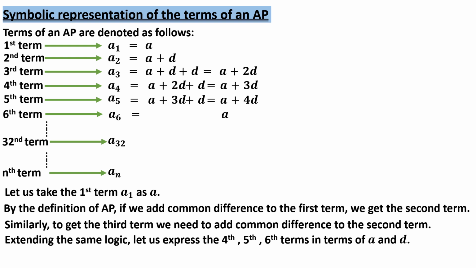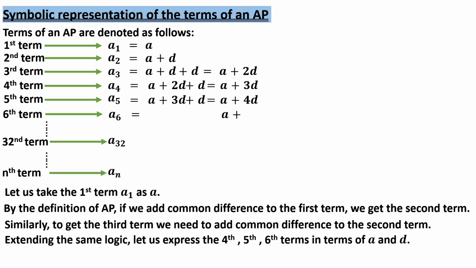a plus 4d. a6 equals, we can simply write this as, look at the third term, it is a plus 2d, fourth term a plus 3d, fifth term a plus 4d, the coefficient of d here is 1 less than 5. In a plus 3d, coefficient of d is 1 less than 4.